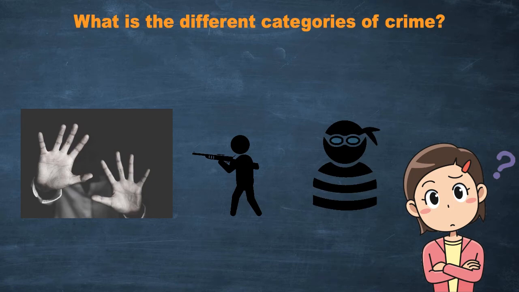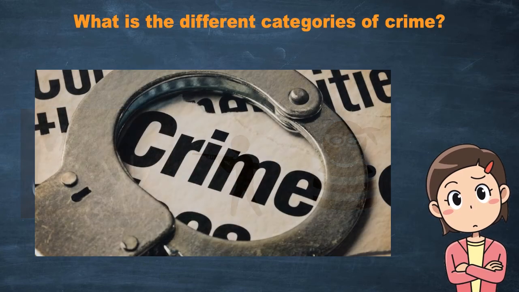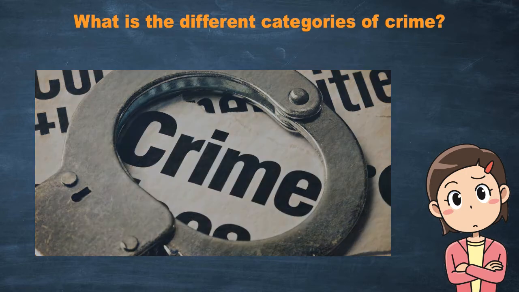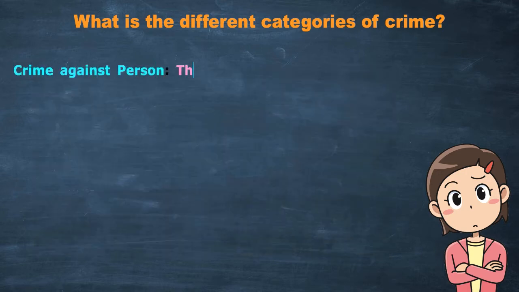Depending on against whom or against what the crime is actually committed, crime can be categorized as crime against person.